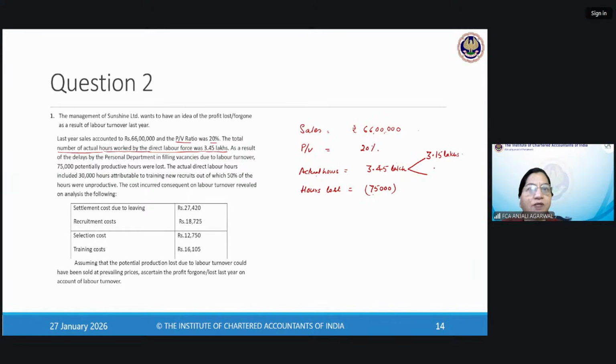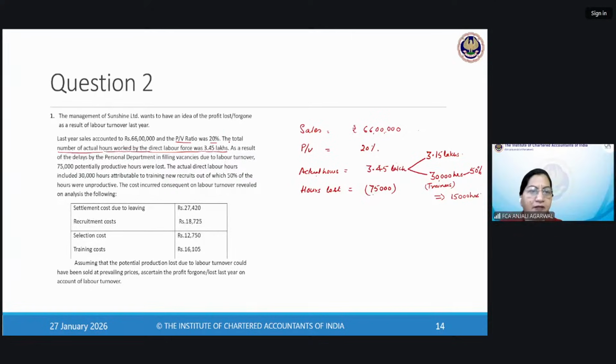Trained workers were doing this job, but 30,000 hours were done by trainees or those workers who were in training. And the trainees were only 50% productive. So that means this 30,000 is equivalent to 15,000 hours only.